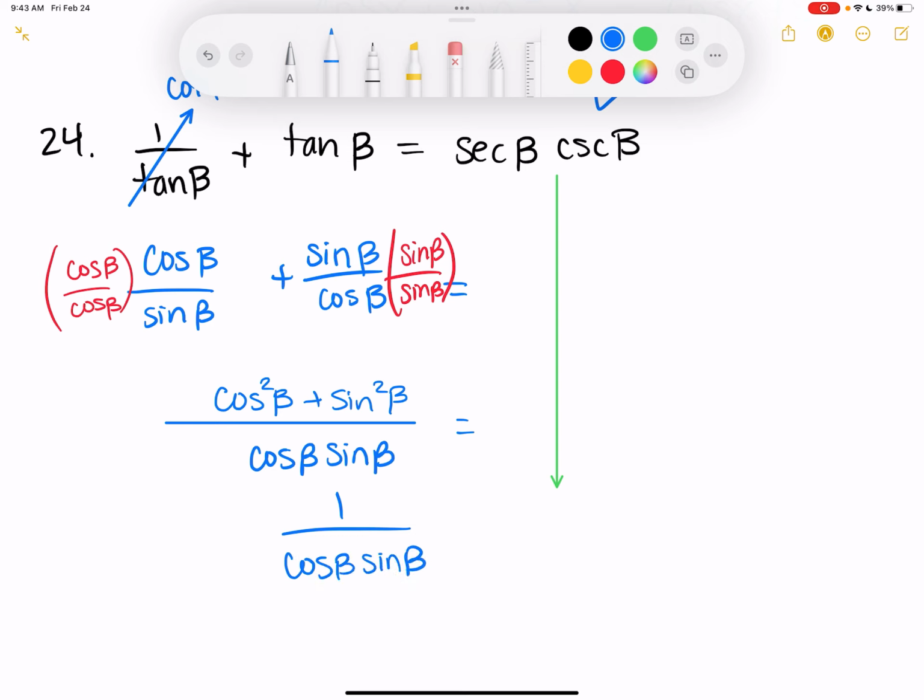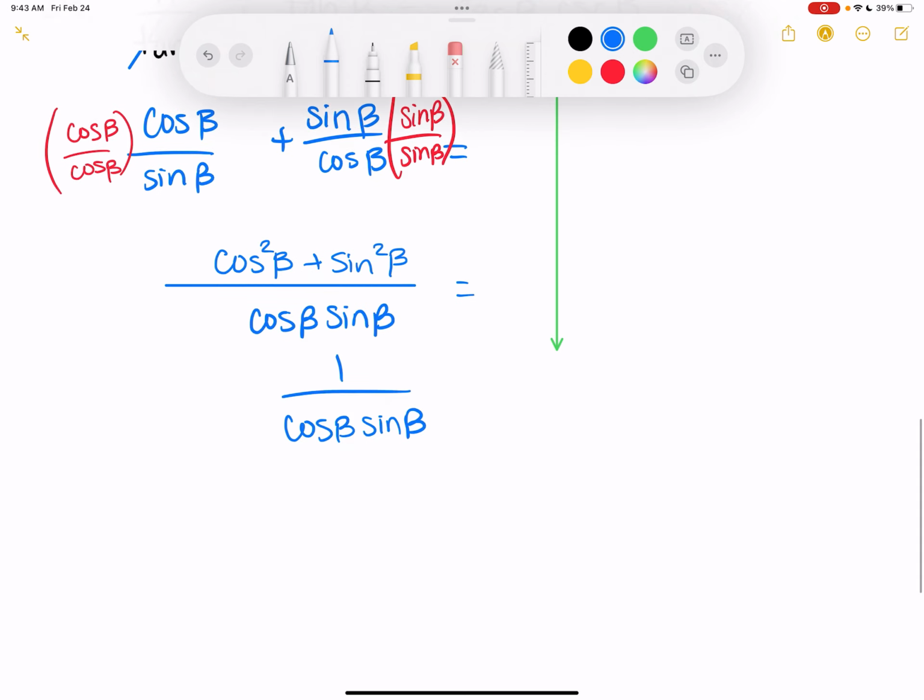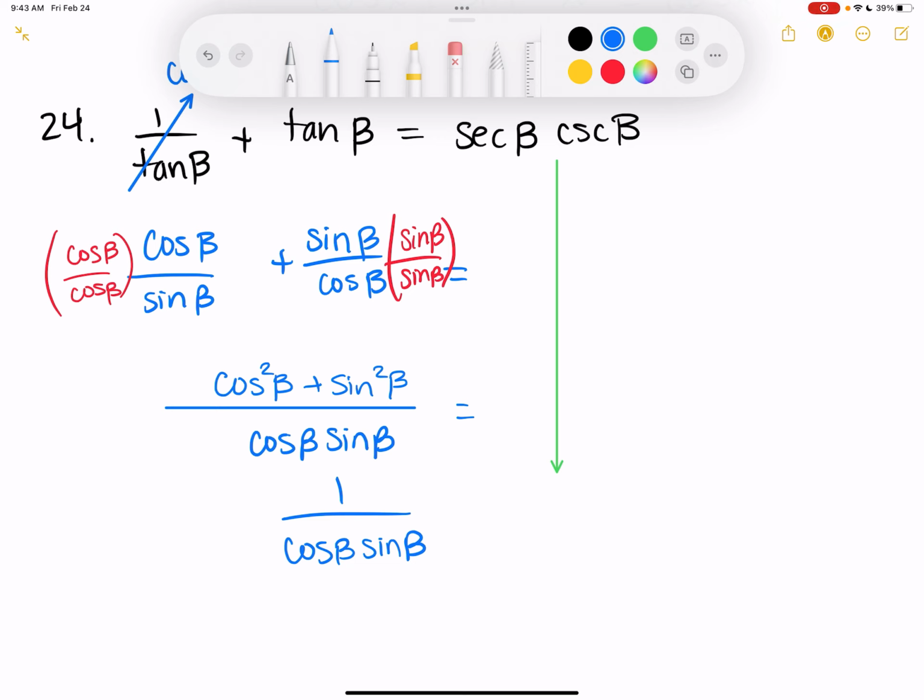Then what? Well, make it into secant and cosecant at that point.